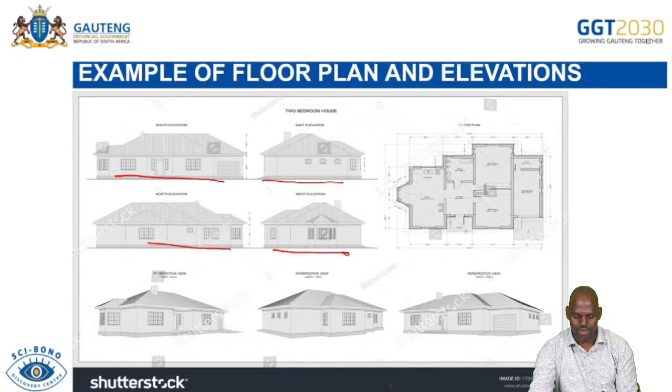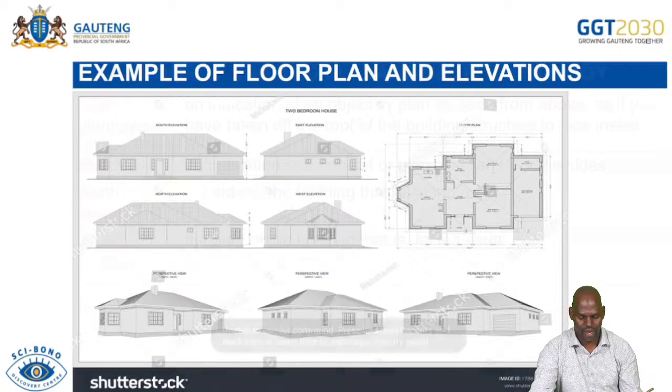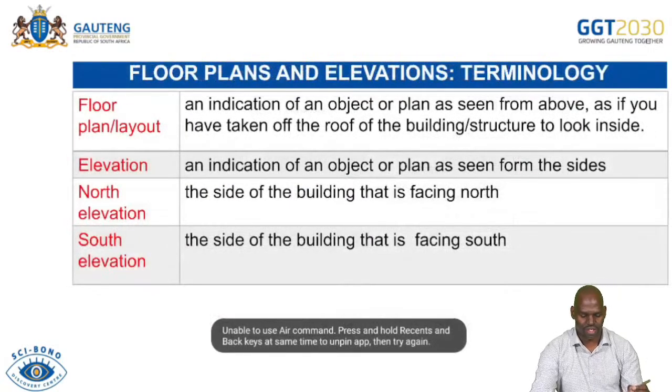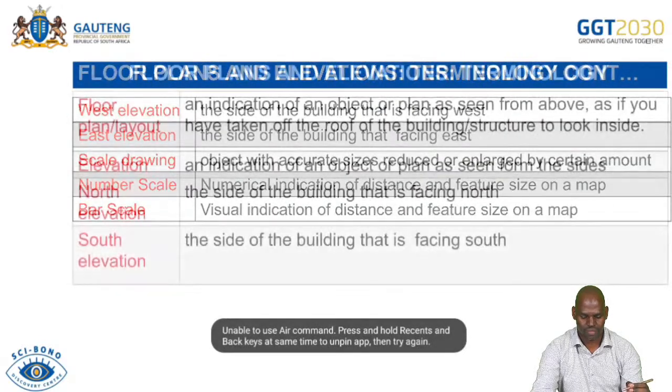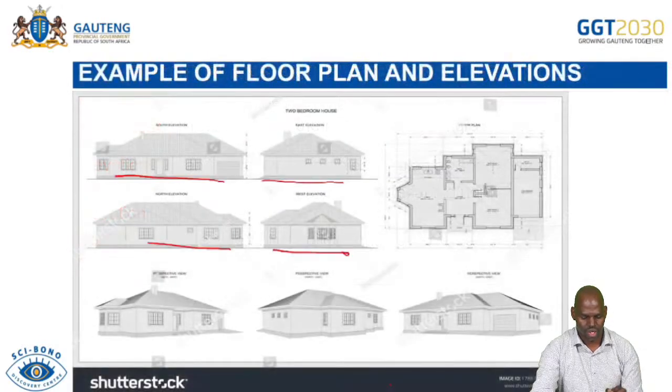This is the view from above, as if you have removed the roof. Then elevation is an indication of an object or plan as seen from the sides. In this case, we are talking about the house plan. The picture that you see from the side will be the elevation.